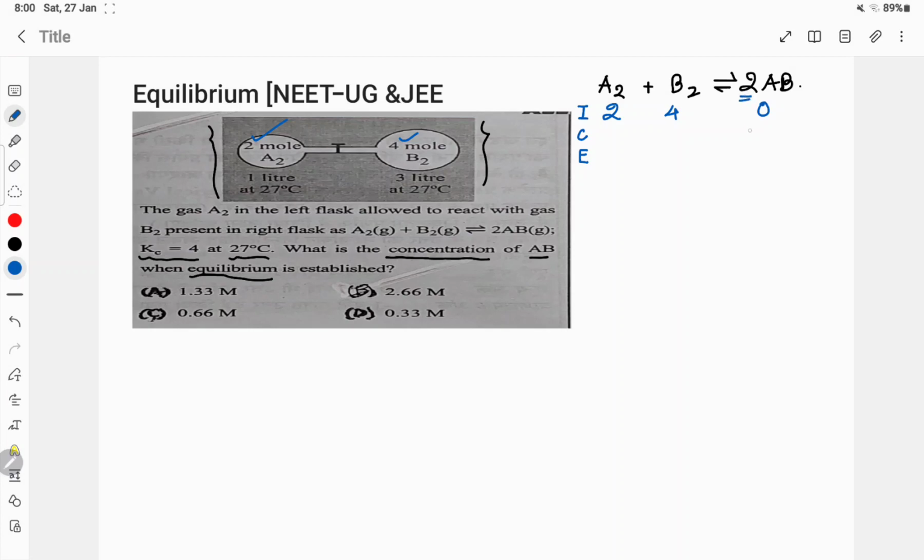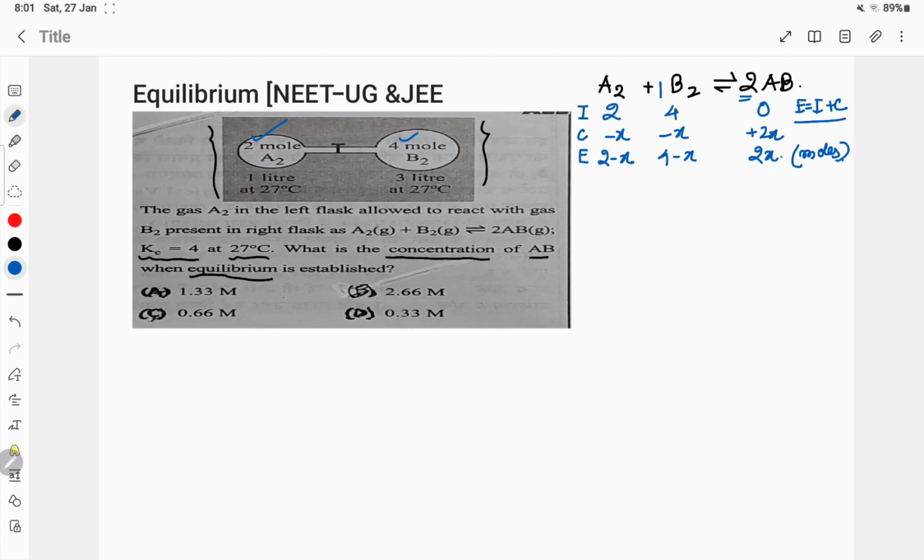Since there is 2, so plus 2x, there is 1, so minus x. At equilibrium, 2 minus x, 4 minus x, and 0 plus 2x is 2x. Okay. So E is equal to I plus C. These are the moles at equilibrium.